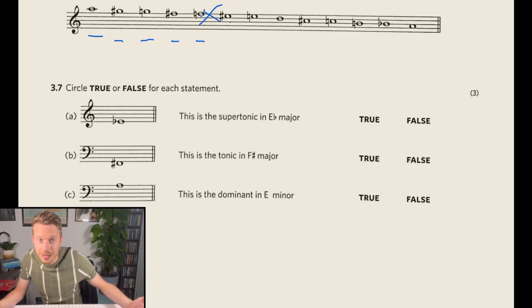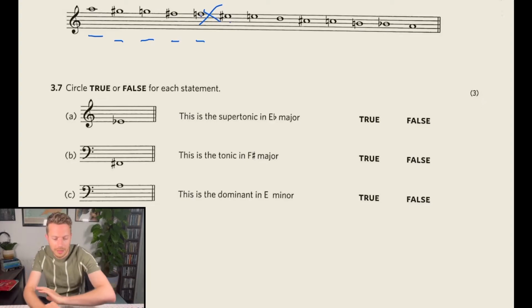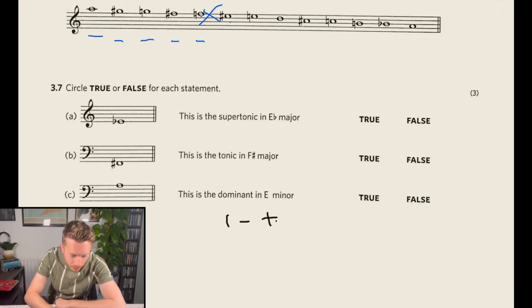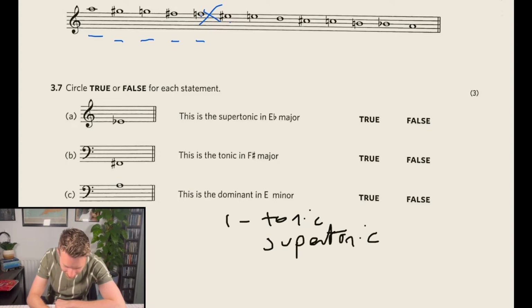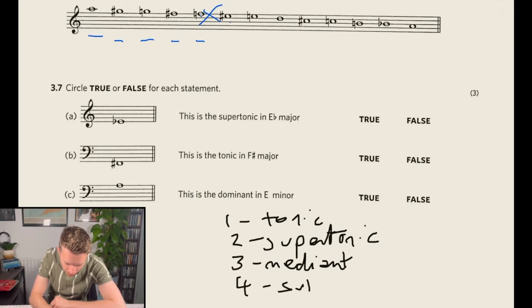Okay, next one, we have technical terms questions. So in the technical terms, the first note of the scale is tonic. The second note of the scale is supertonic. Really bad writing here. The third note of the scale is the mediant. Then we have the subdominant.